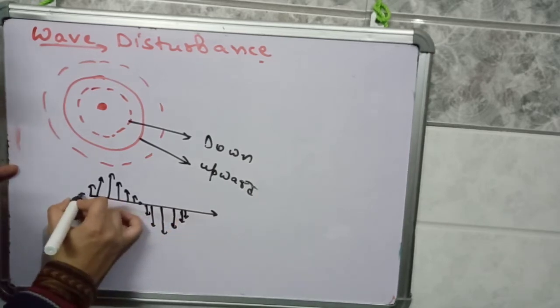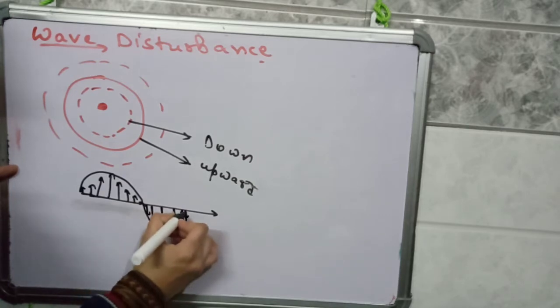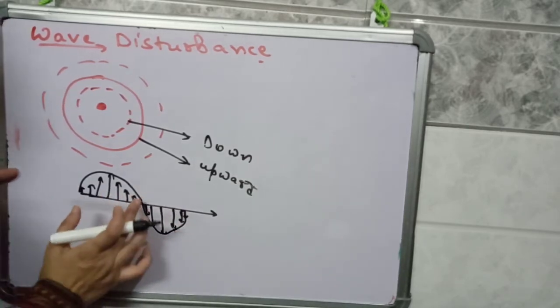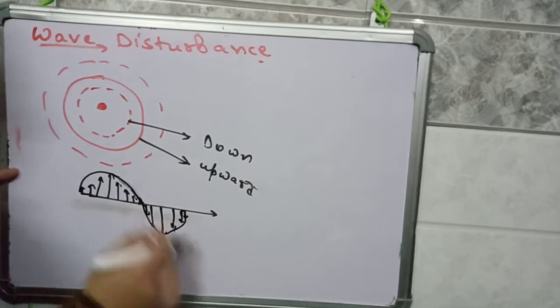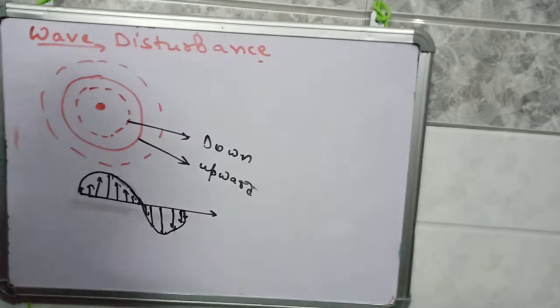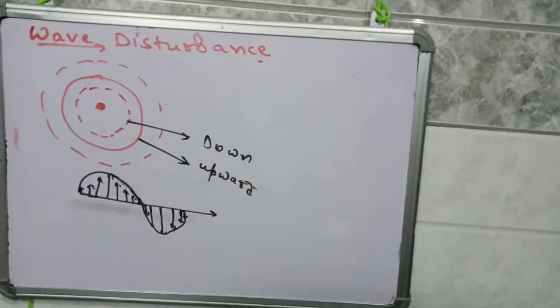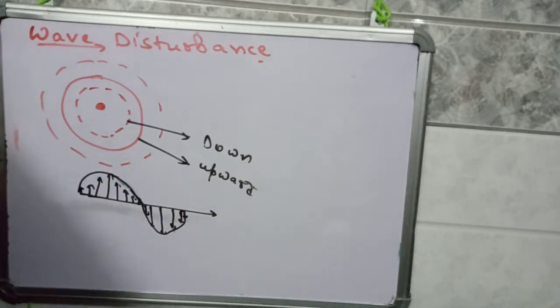Some of the particles are going in the upward direction, and some are moving in the downward direction. So the side view of a water wave is something like this. This upward and downward motion of water particles present at the surface represents that a wave is forming on the water surface.